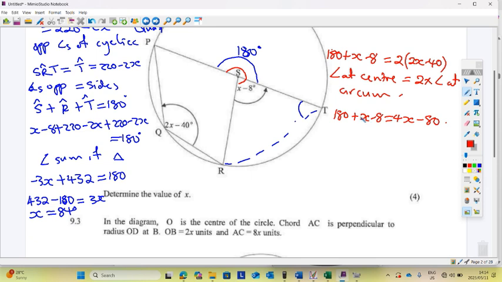And then take your x to the right and then your 80 to the left. We have 180 minus 8 minus, okay, this is plus 80 because it is positive there, and this is going to be equal to 4x minus x. And then we need to solve for x in this.